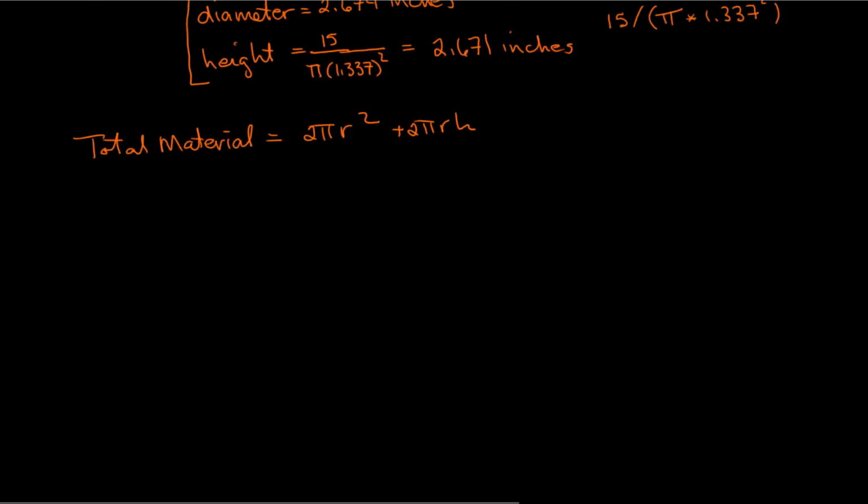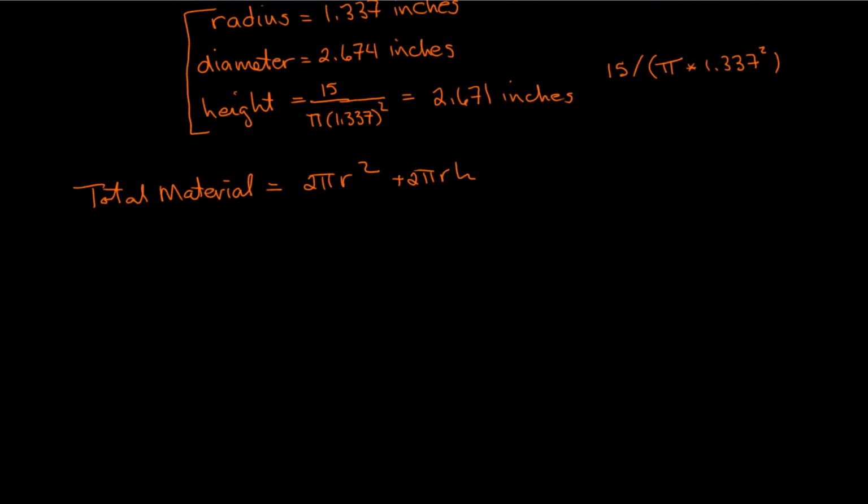Then all we need to do is to substitute in the values that we've already computed. This is going to be 2 pi times 1.337 squared plus 2 pi times 1.337 times 2.671. And remember, this is going to be the amount of steel that's used, so that's going to affect what we're going to report our units in.